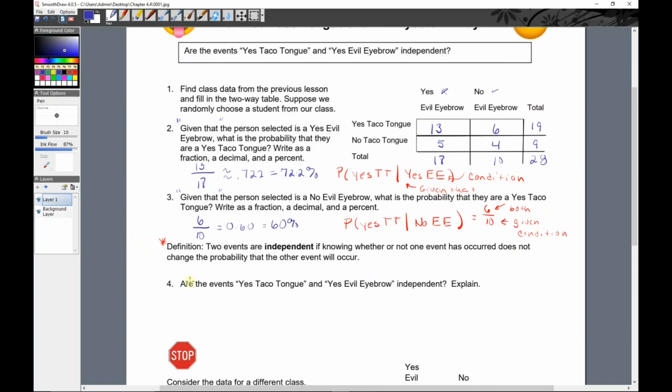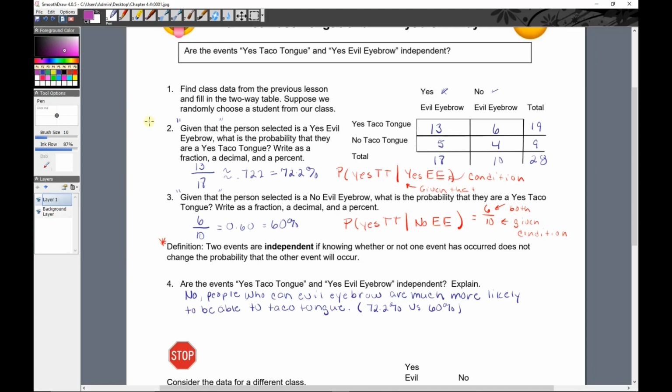And the answer to that is no, and the reason being is that people who can evil eyebrow, go ahead and pause this. So the answer is no, people who can evil eyebrow are much more likely to be able to taco tongue.